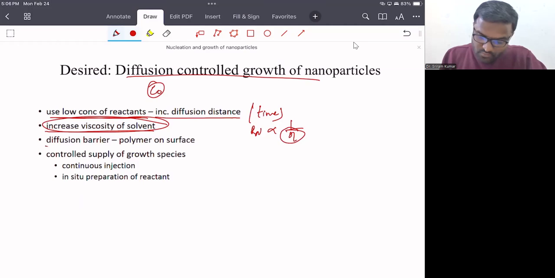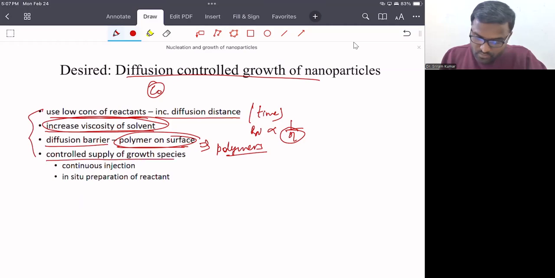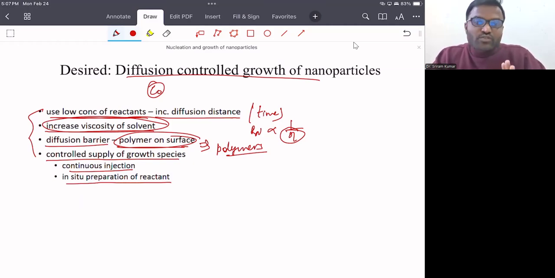The second is the diffusion barrier polymer on the surface. If you use this kind of polymer, there is a slowdown of the process. These controls apply to growth species, continuous injection, or in situ preparation of the reactant. So these are the things we need to consider if we want to synthesize nanomaterial.